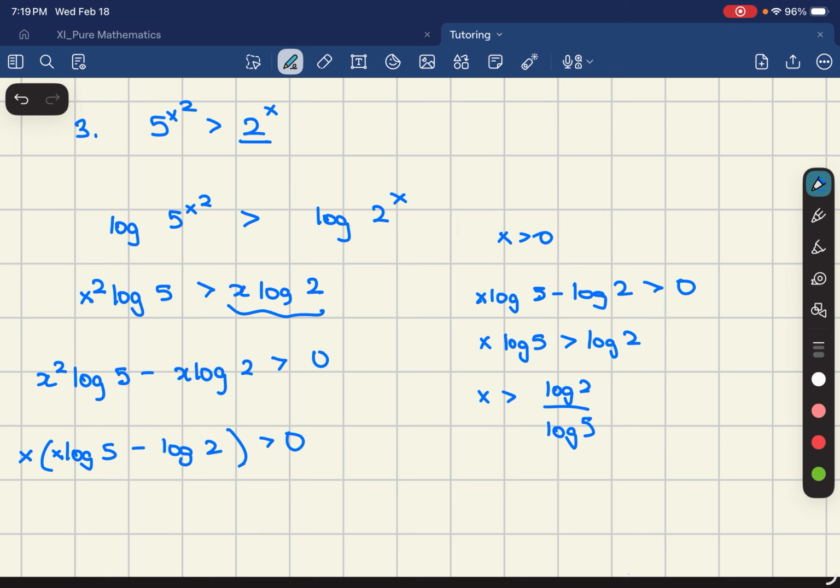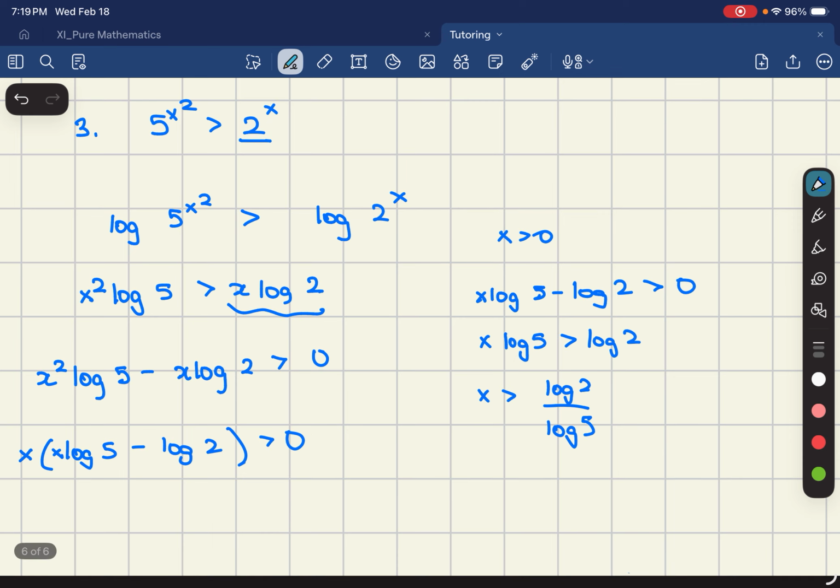So x is bigger than 0, and x is bigger than this. So basically, there are some numbers between 0 and log 2 over log 5, but those numbers will not satisfy our inequality. So we want to take this one. That is our solution. So this inequality holds if x is bigger than log 2 over log 5.